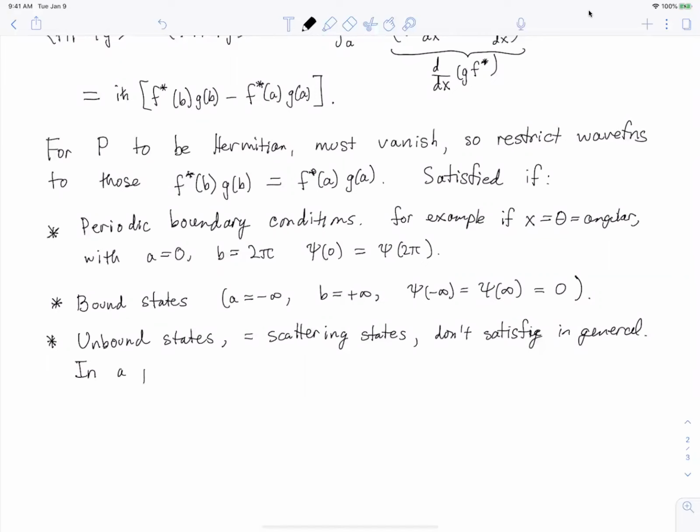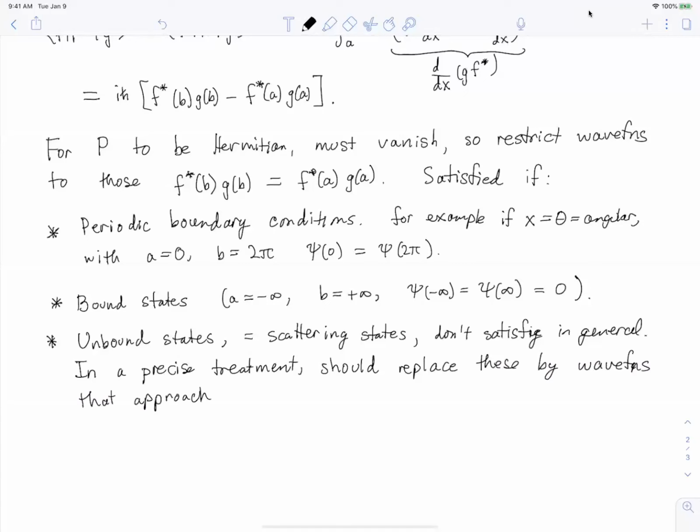So in a precise treatment, we should replace these by wave functions that approach 0, or at least some constant that doesn't depend on whether you're talking about the lower or upper limit of integration.